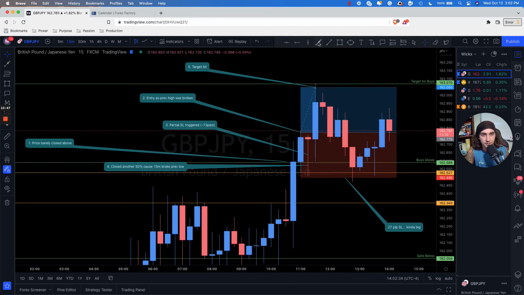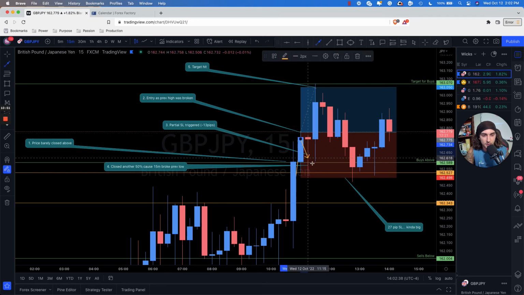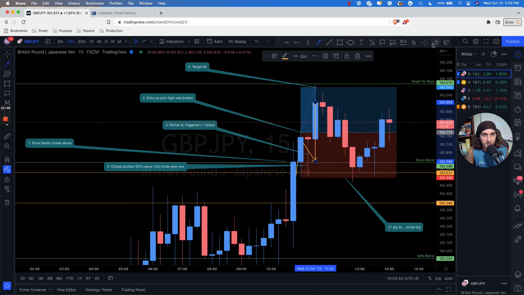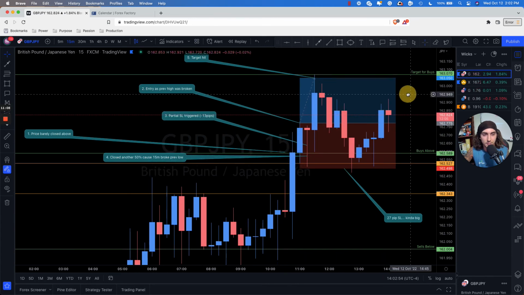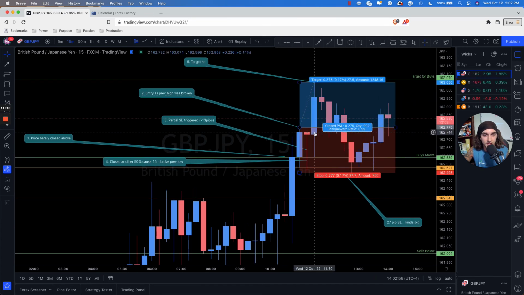We would have waited for a candle to break just like it did, then a retest of the support, and then a break of the resistance that was created here. That's exactly what happened, and that's why they call it a break and retest. That's the only thing I could have probably done better about this trade.